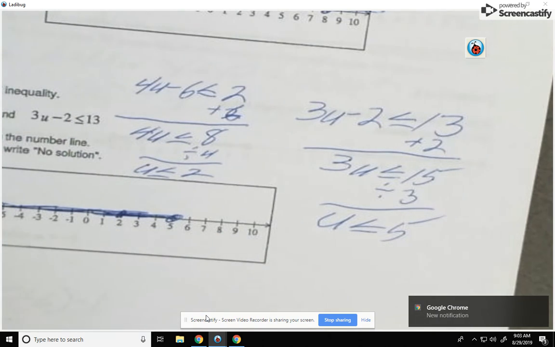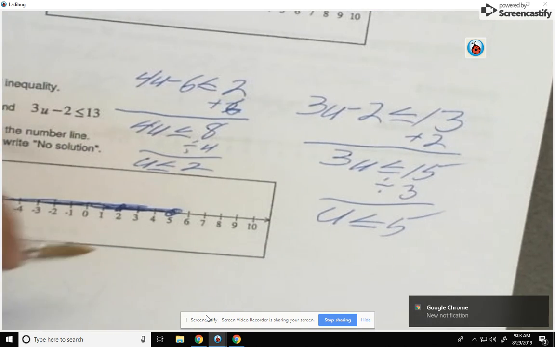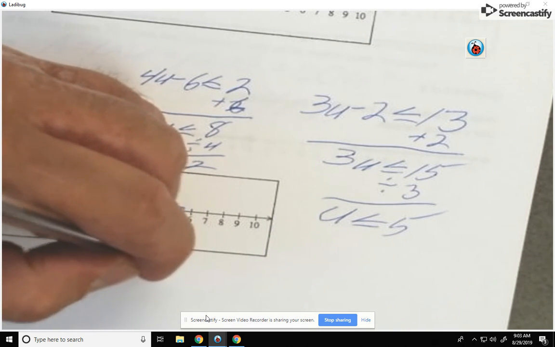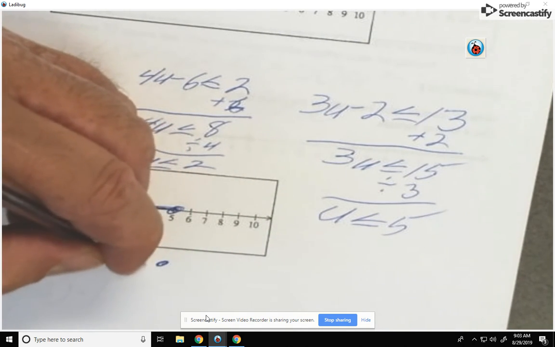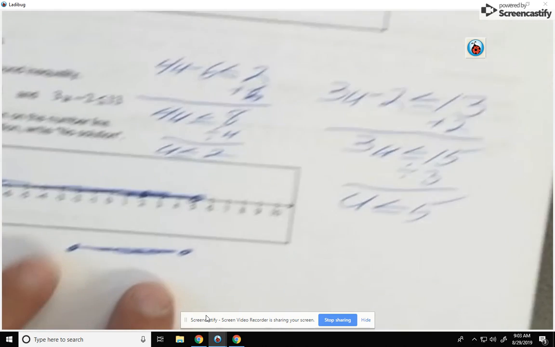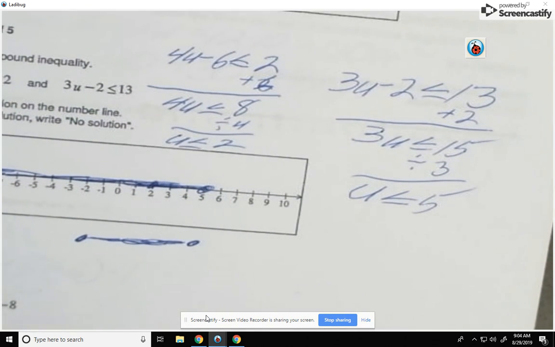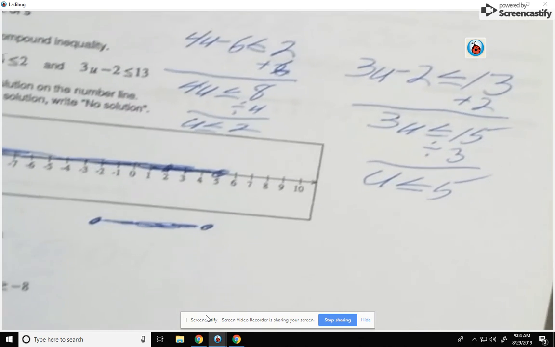Now, the only difference here is if your shadings would have happened to be going towards each other, you would have stopped at the other dot. Okay, so that's something that may come up. So if your shadings are going towards each other, you stop at the other dot.